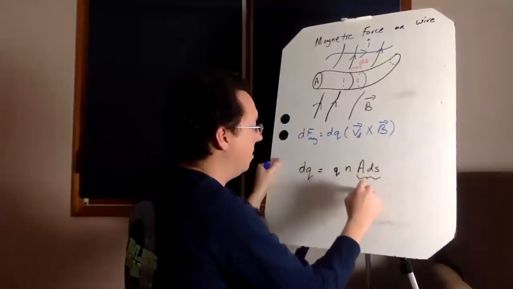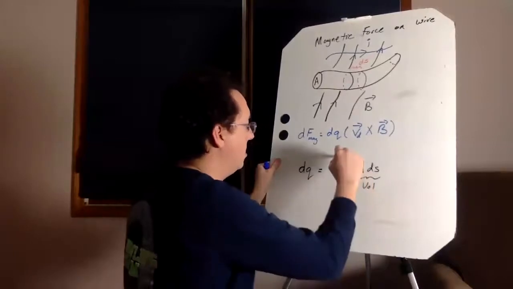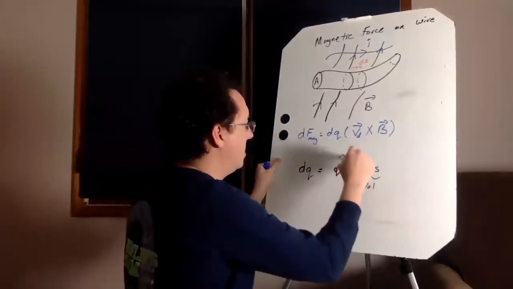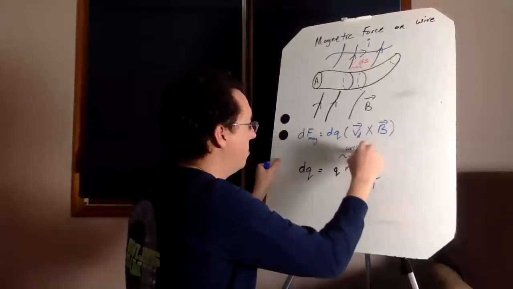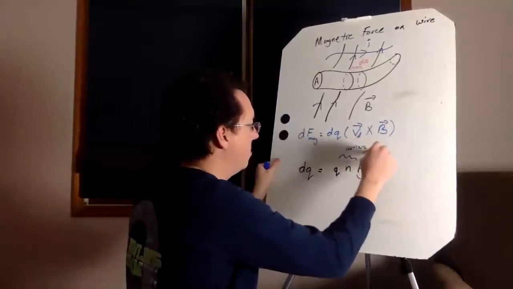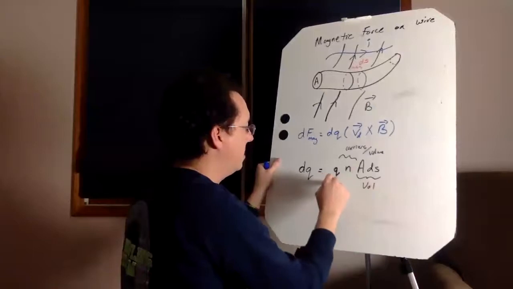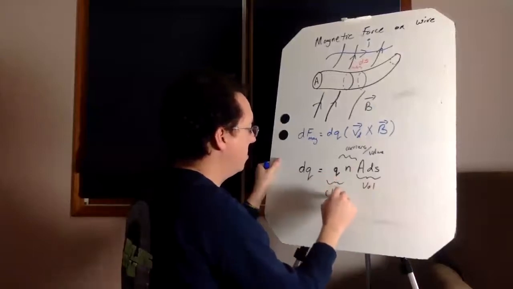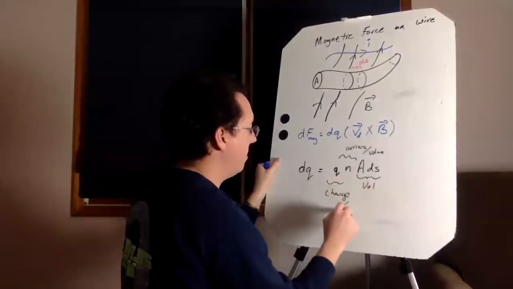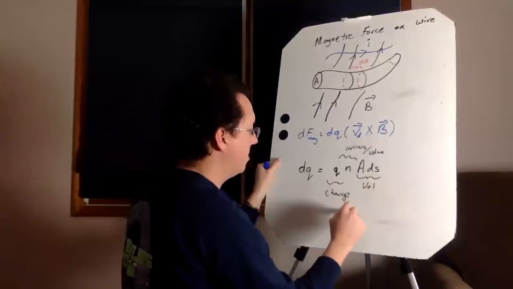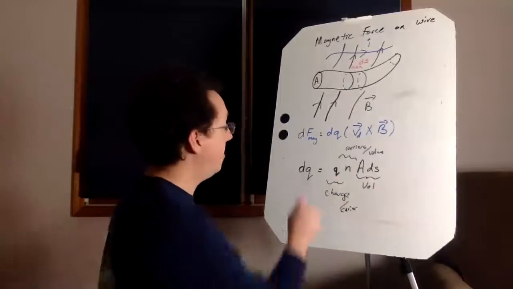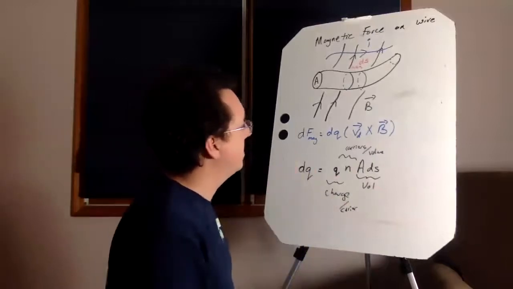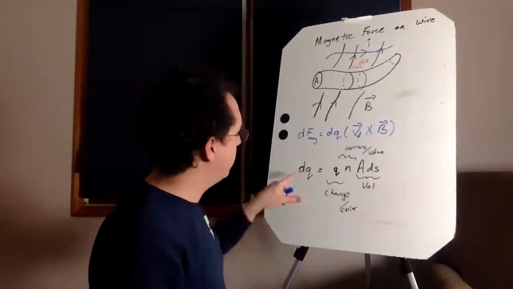This would give you the volume. This is the carriers per volume. And this is the charge per carrier. Okay, that would give you an expression for this quantity right here.